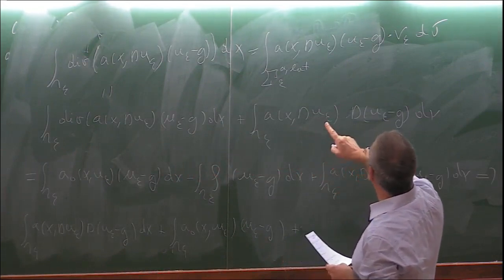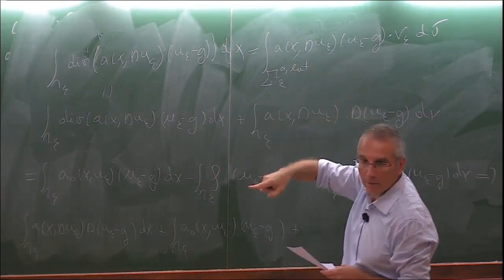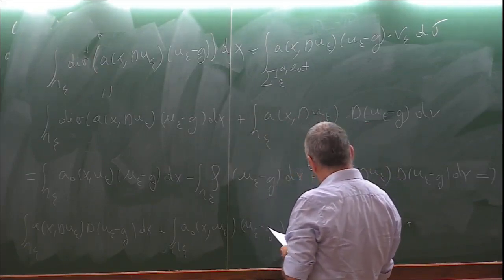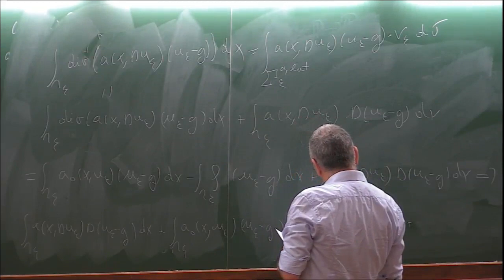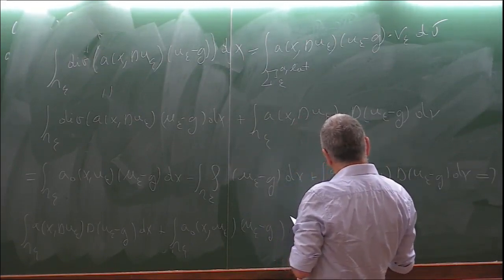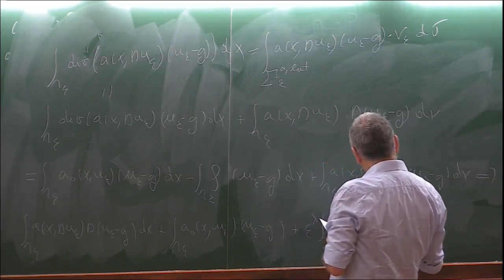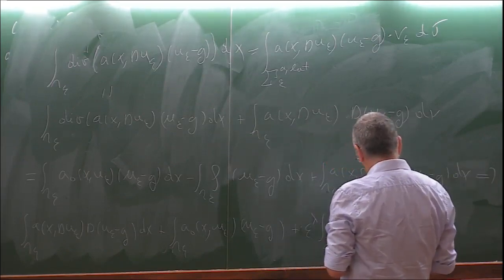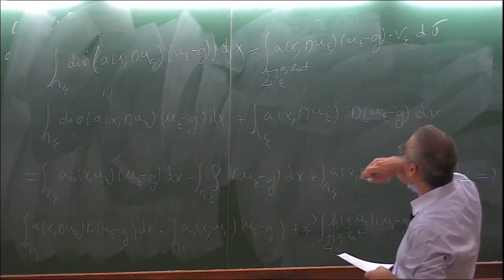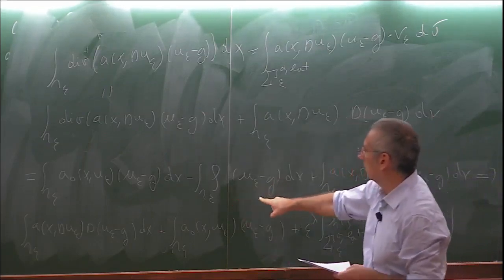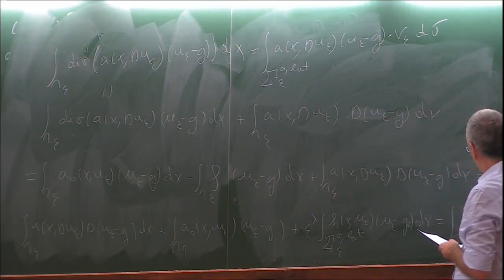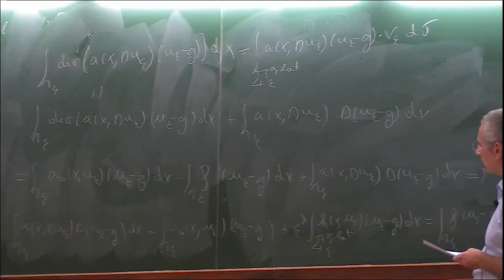But it is on the right, so I put it on the left with the sign plus: epsilon lambda times the integral on sigma A lateral epsilon of h of x times (u epsilon minus g) dx equals, what remains is f, which I put on the right: the integral on omega epsilon of f times (u epsilon minus g).